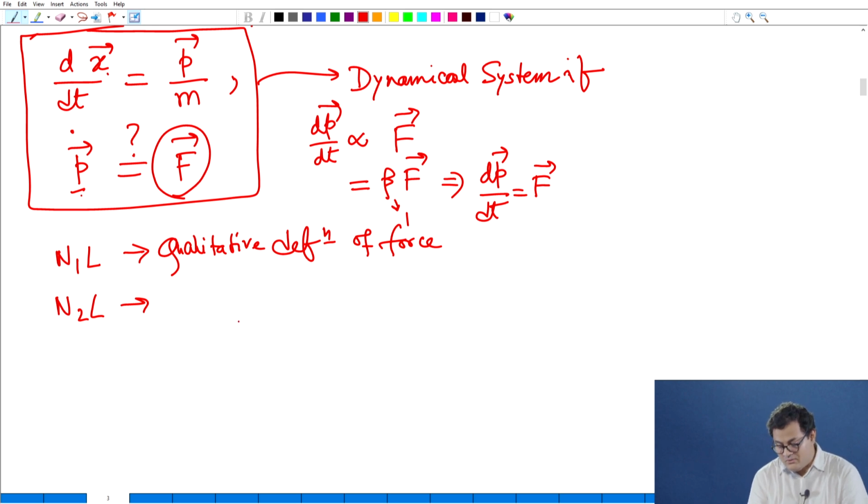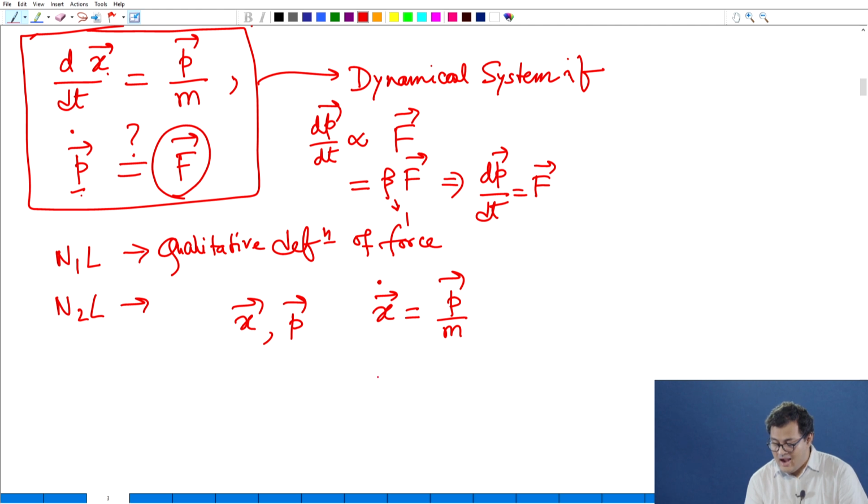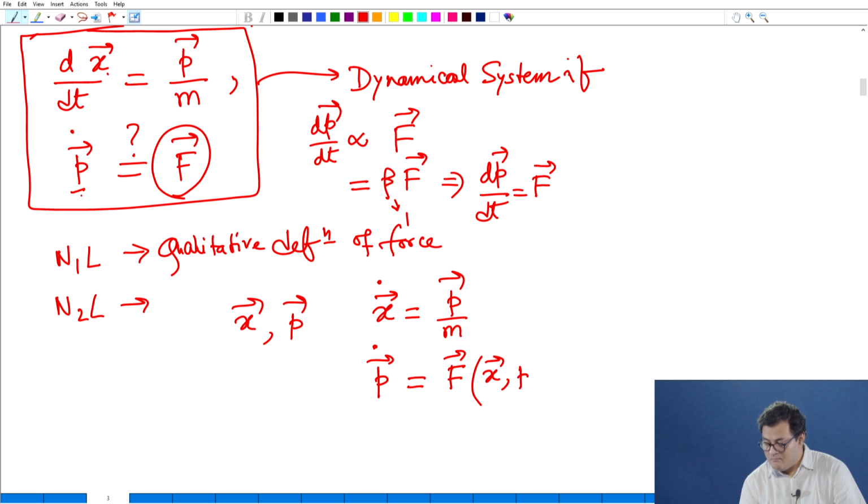Then, I can claim that classical mechanics consists of two vector fields, x and p, where the evolution of x is given simply by p by m, and the evolution of p is given by another function which I call f, of course, which can be a function of x, p and t.